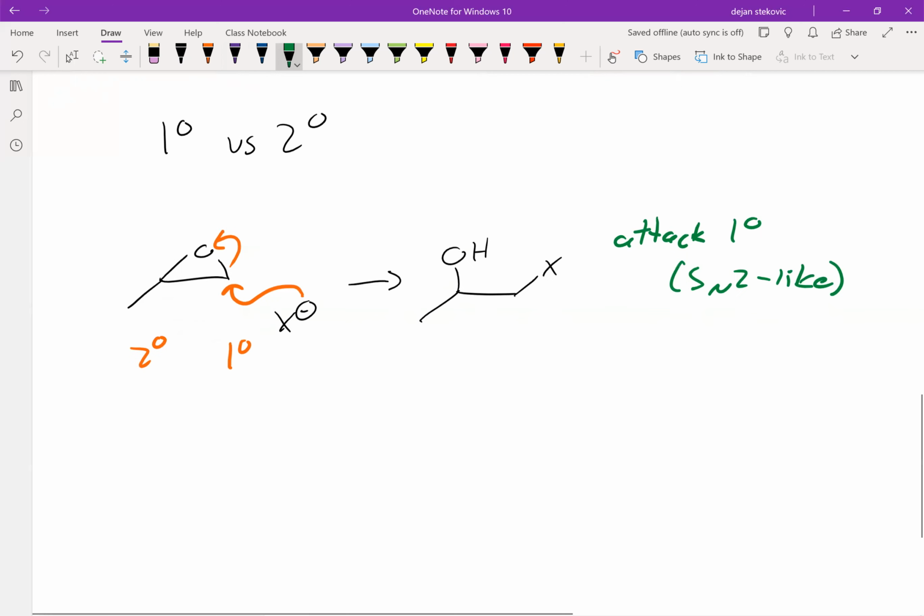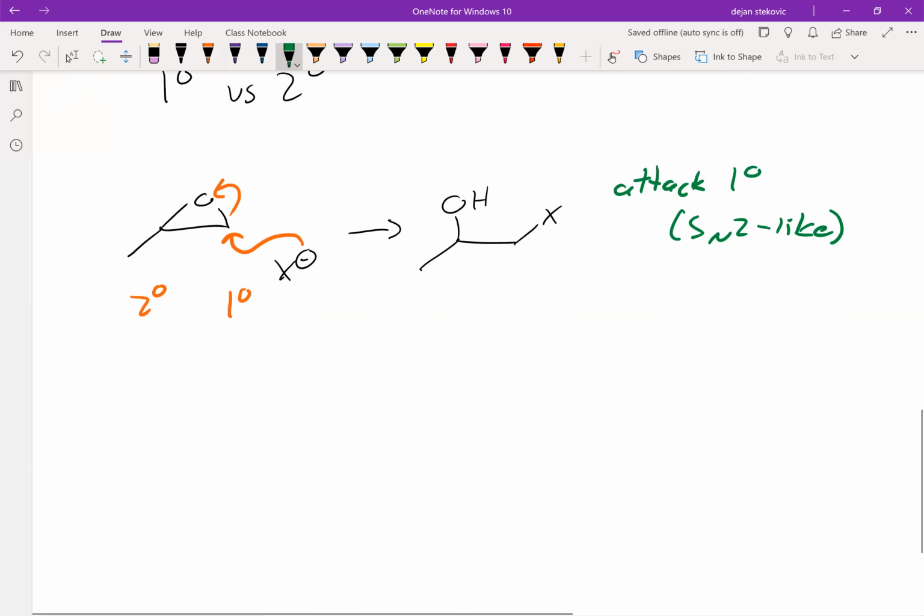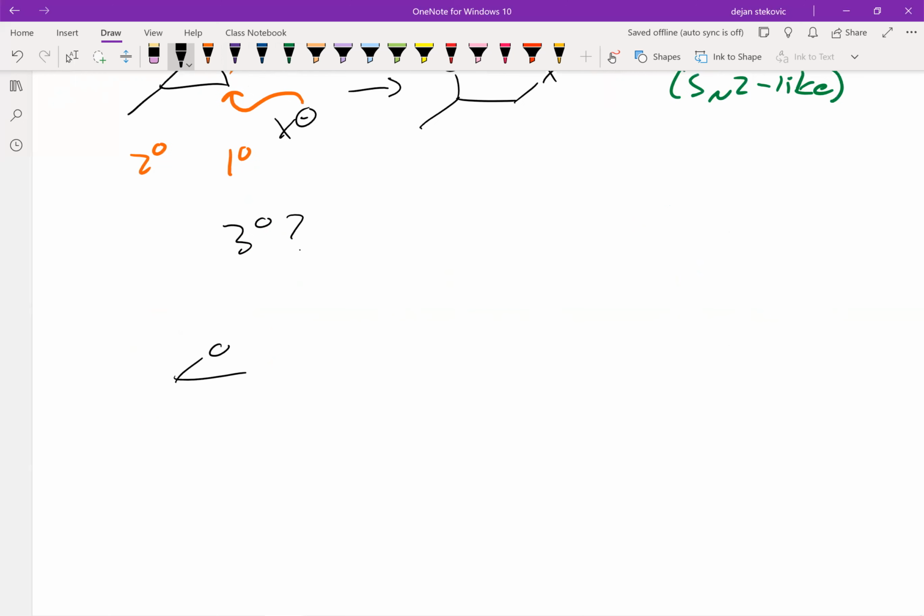Where it gets a little bit more complex is when you have a tertiary epoxide. So here we've got tertiary, there's 1, there's 2, there's 3. Here, when we add the X minus, it's actually going to attack at the more substituted position, not the less substituted position.